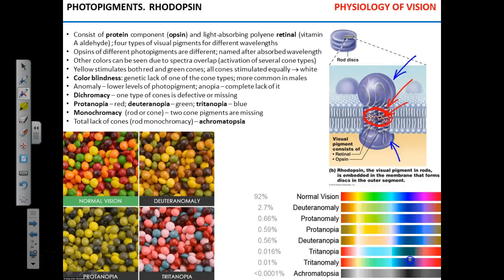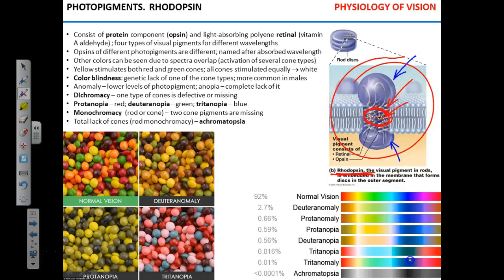We often call photopigments altogether rhodopsin. Rhodopsin belongs to the rod photopigment, and we're going to talk about light transduction in rods because it's just simpler. But the mechanism is universal for all different types of photoreceptor cells.